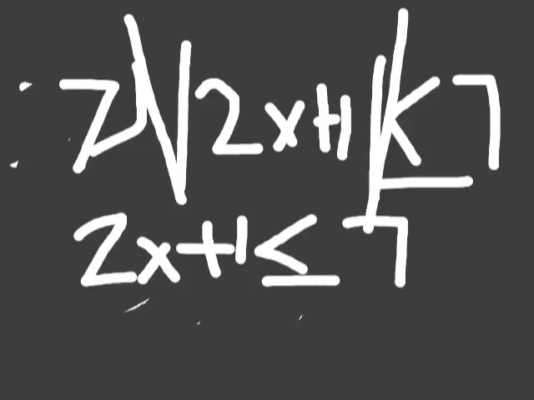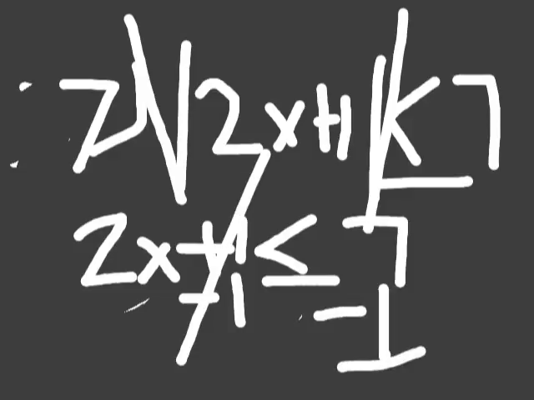So the first thing you should do, like what you should do in equations, is first cancel out the constant number, which is 1. So 1 minus 1 is cancelled out. 7 minus 1 equals 6.